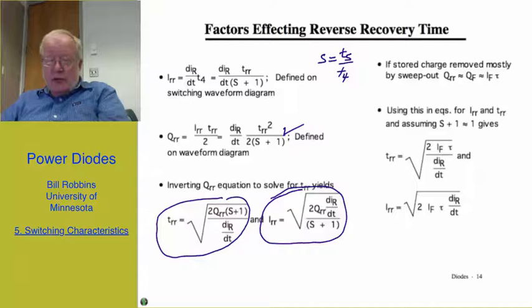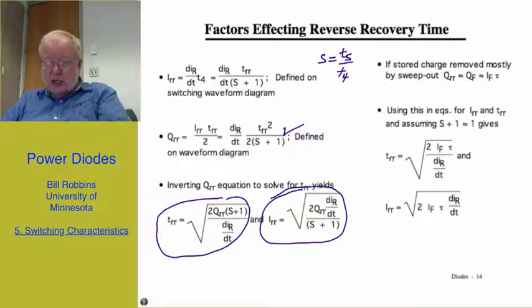We can also get more useful quantitative information by recognizing that if we have a fairly short reverse recovery time, shorter, say, than the carrier lifetime, then most of the carriers in Q sub RR are going to be removed by carrier sweep out. That means that we don't lose many by recombination, so it's fair to equate Q sub RR to the forward stored charge, Q sub F, which is equal to the forward current times the carrier lifetime.